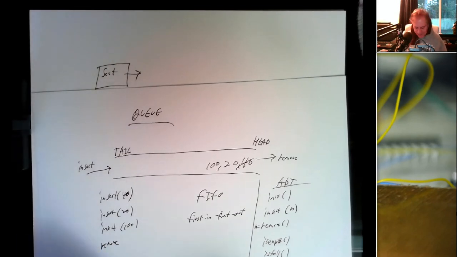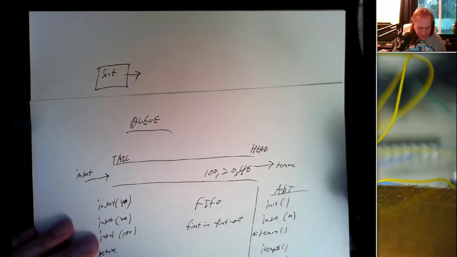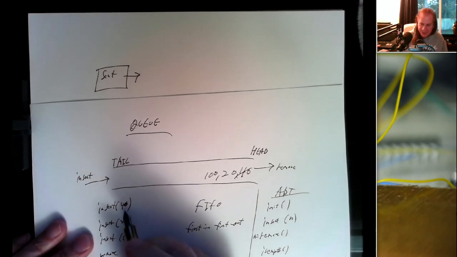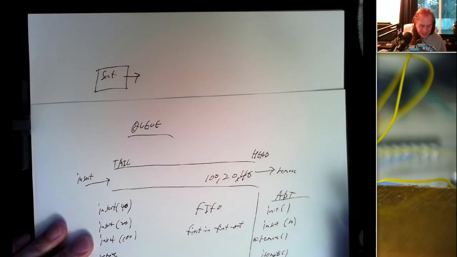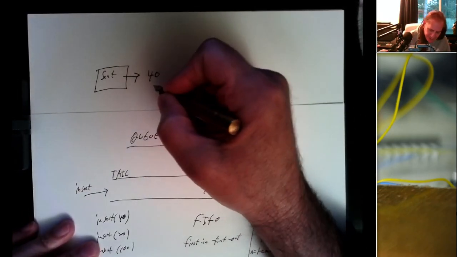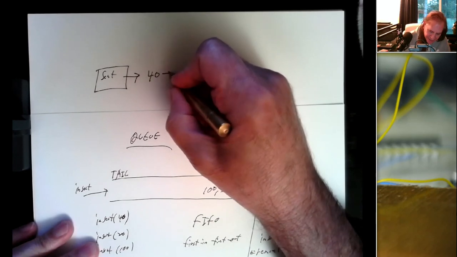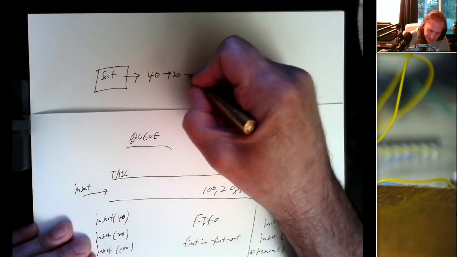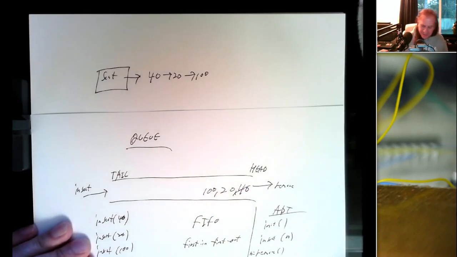We're simply going to store these in the list so that we keep track of all this information. But we're going to add these numbers to the end of the list instead of the beginning. So we insert a 40, it's going to sit here. When we insert a 20, we add that to the end of the list. And when we insert a 100, we add that to the end of the list. So we're doing this backwards from how we did a stack.